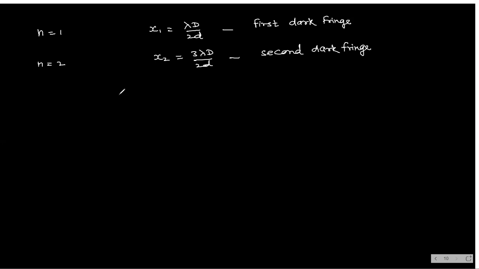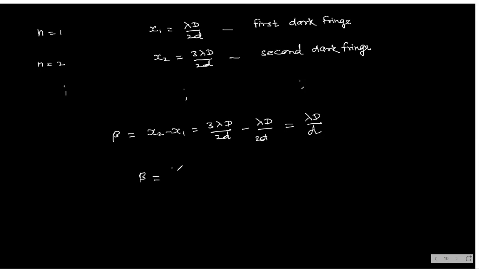And so on. Okay, now you can do it yourself. So again, you see beta, that is fringe width. What is that? x2 minus x1. Substitute these values. 3 lambda D by 2d minus lambda D by 2d is equal to lambda D by small d.